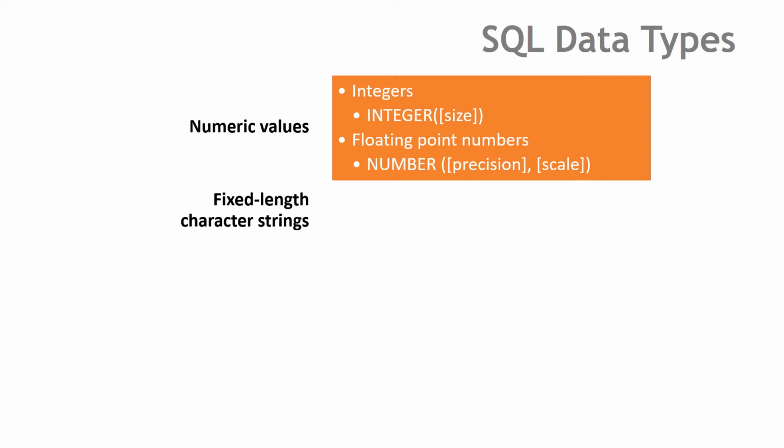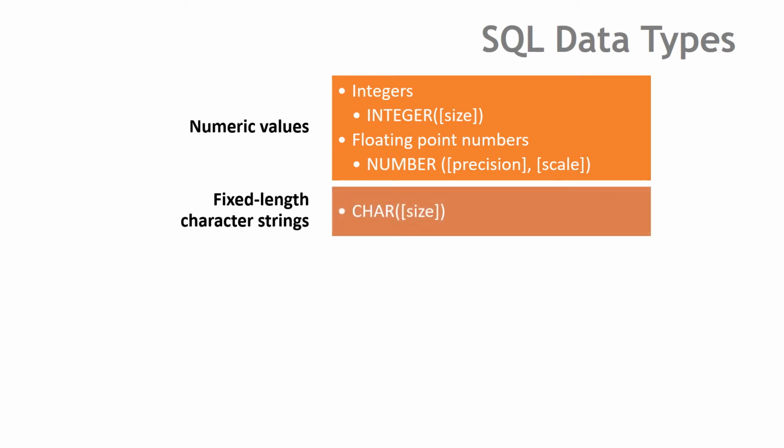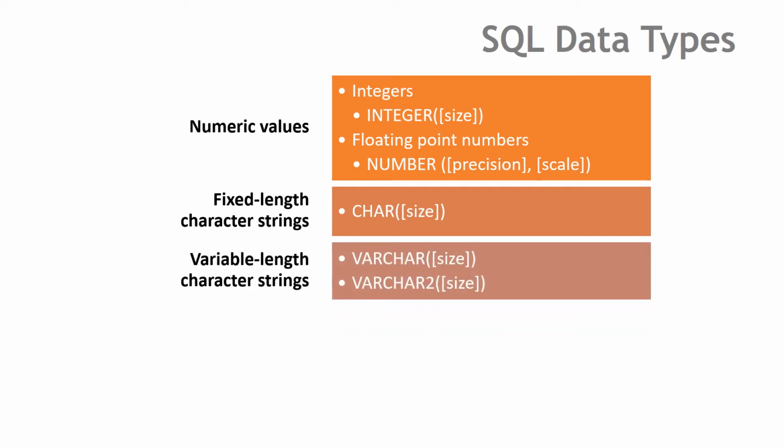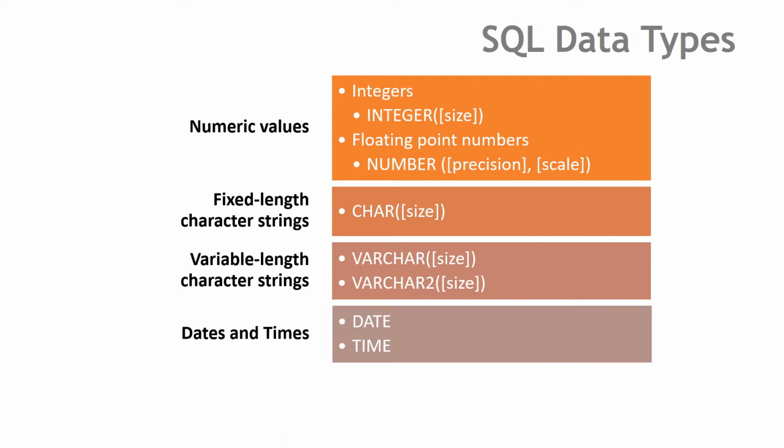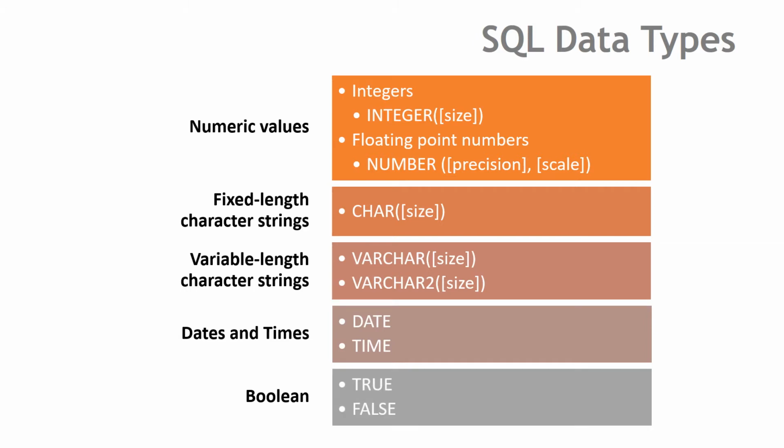Fixed length character strings are specified with the char data type. Variable length character strings are specified using varchar or varchar2 data types. Dates and times are used to specify the date and time of the column. Boolean data type is used to specify true or false values.